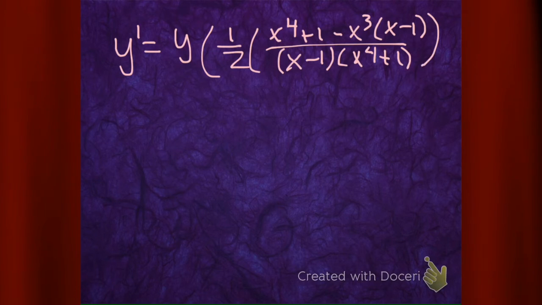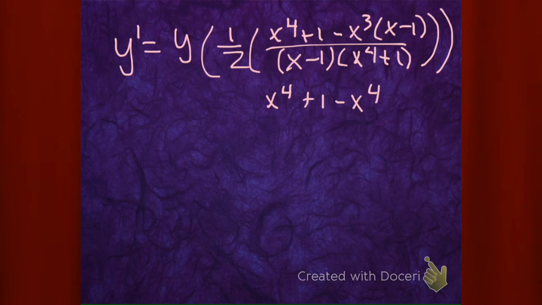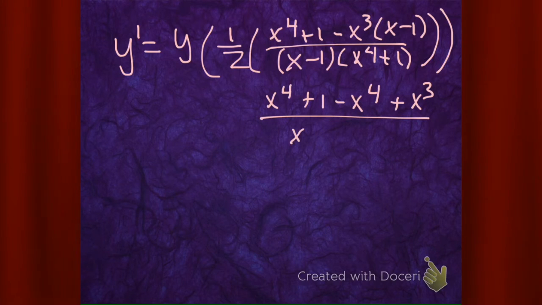What I did, I added those fractions. Alright, I'll continue to simplify. That's x to the fourth plus 1 minus x to the fourth plus x to the third, over (x minus 1) times (x to the 4 plus 1).